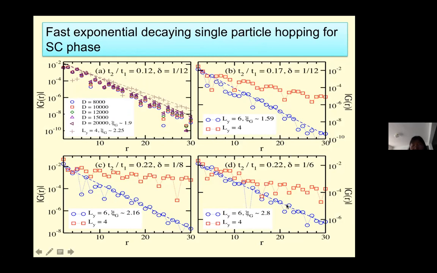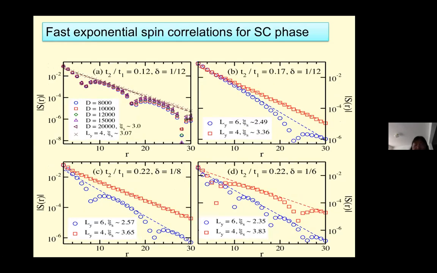I suspect that's related to gapless excitation for the single particle at the four-leg ladder, because of possible nodal superconductivity. But that kind of behavior is not seen on a six-leg ladder. So it's very interesting to also study the eight-leg ladder.